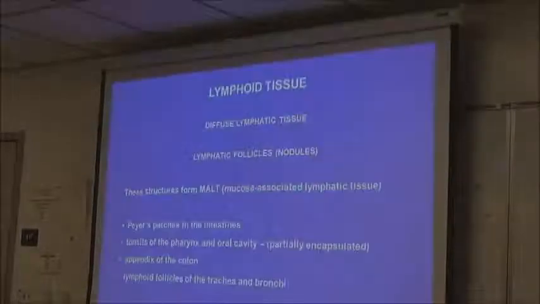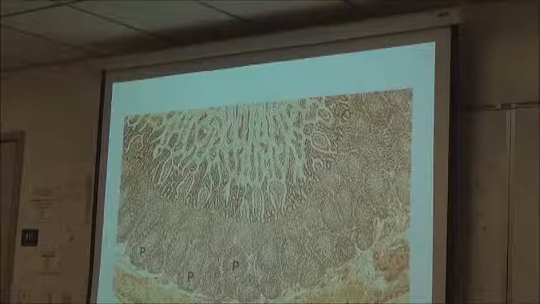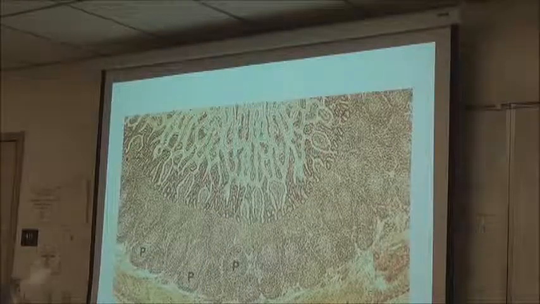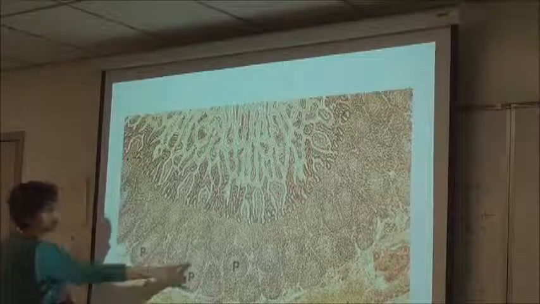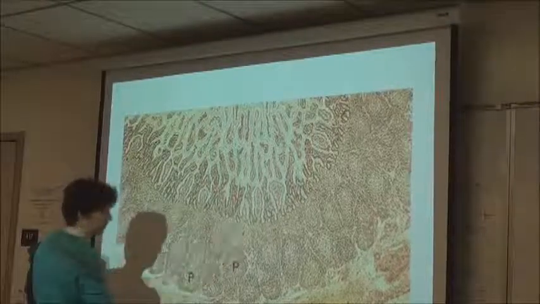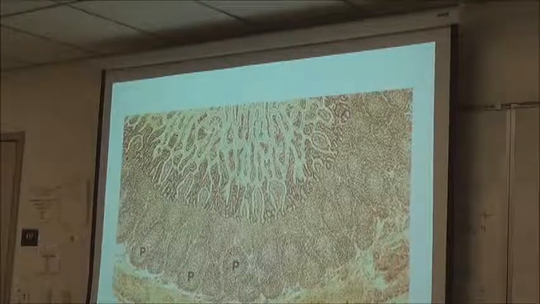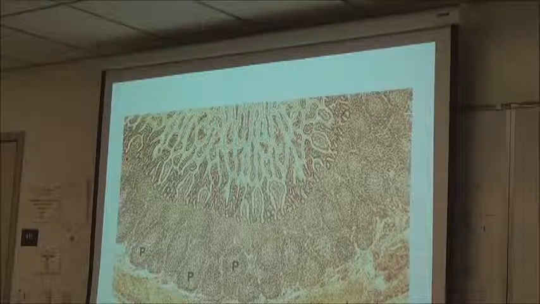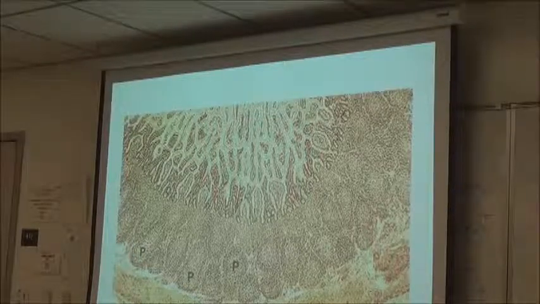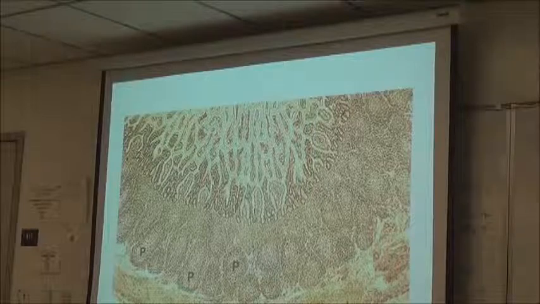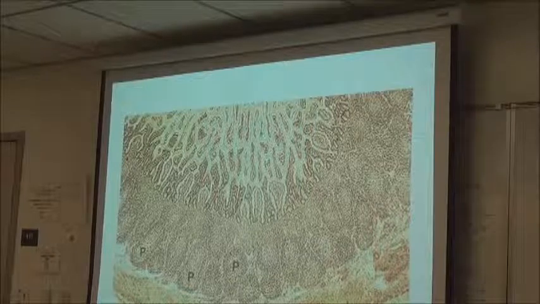So when we have inactivated lymphocytes, especially B lymphocytes, like here, there's no light center. Here's a light center, here's a light center. Those are called germinal centers, and they indicate a high population of plasma cells. So one or more antigens have converted B lymphocytes to plasma cells.